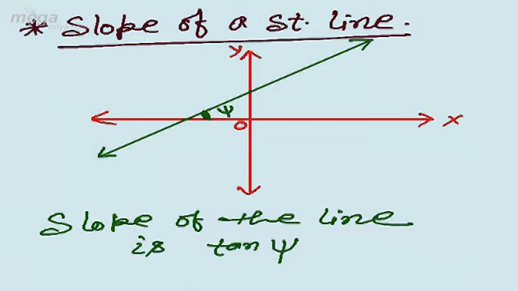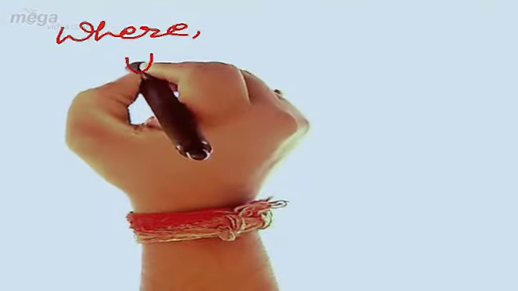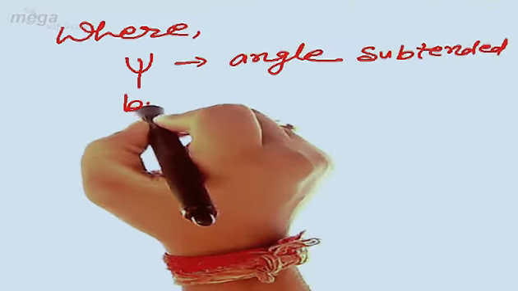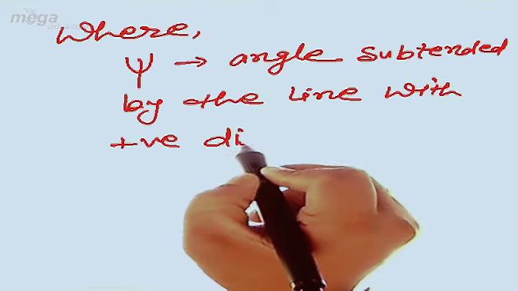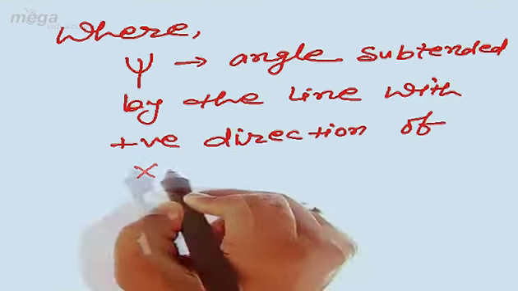So student, you can define the slope of the straight line as the tangent of the angle subtended by the line with the positive direction of the x-axis, where psi is the angle subtended by the line with the positive direction of the x-axis.